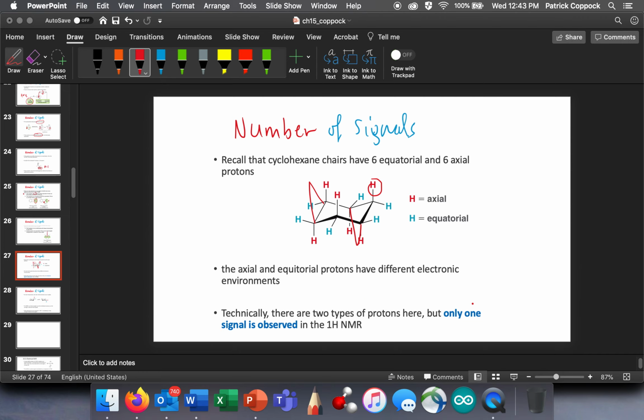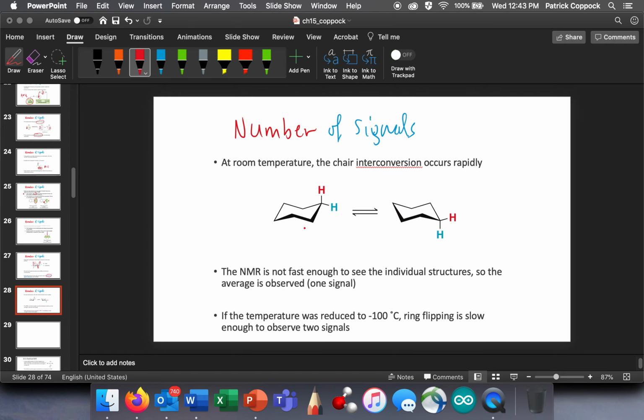And so at room temperature, there's only one type of proton observed in a proton NMR for cyclohexane. However, if we go really cold, if we go super cold, then the ring flipping is slowed, and we actually see two signals at that point, one for the axial and one for the equatorial.